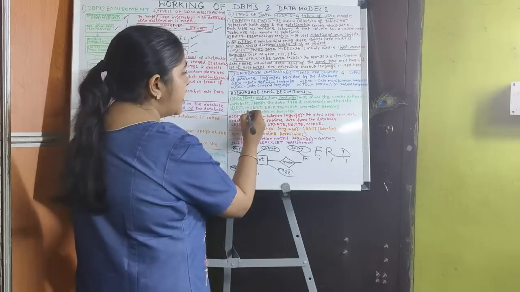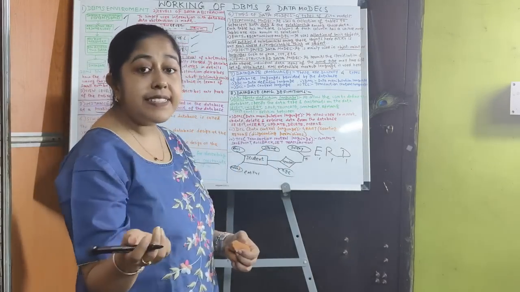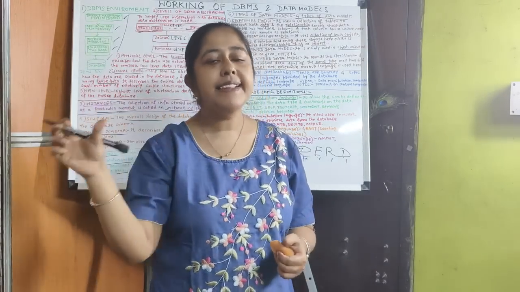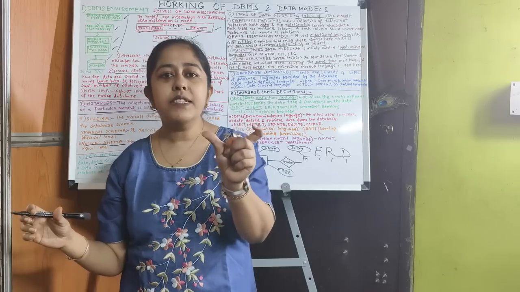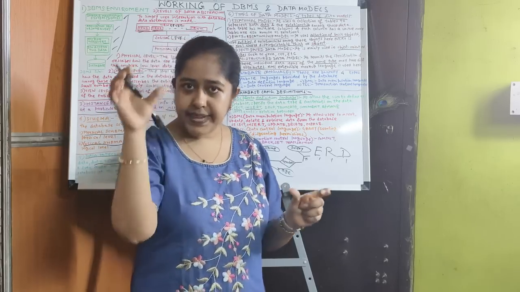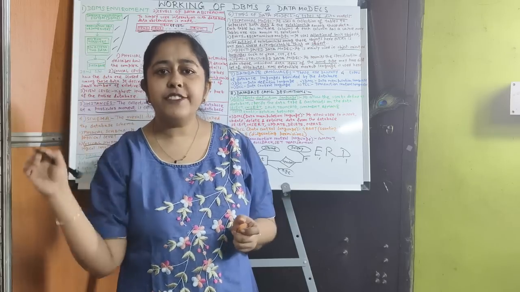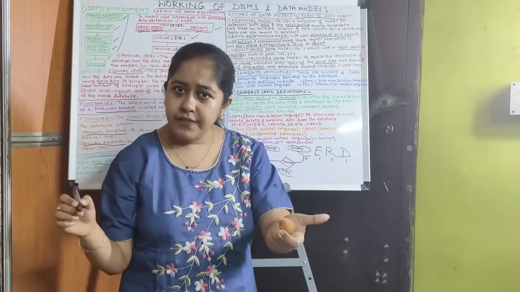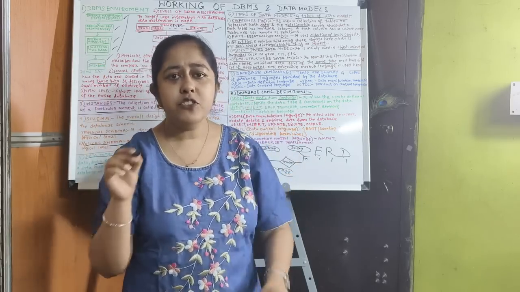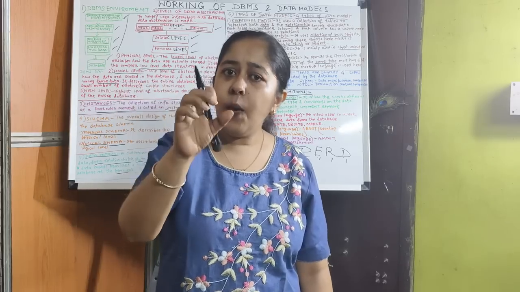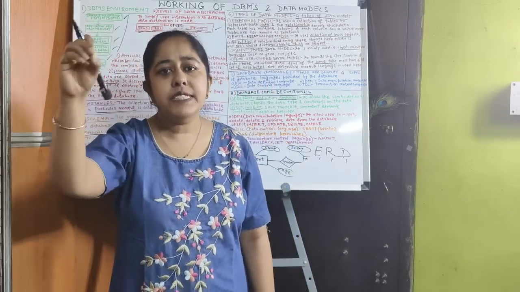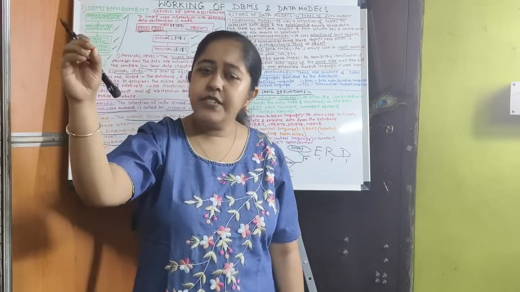Now the second one is insert. When you are inserting some data, insert in this table. Whenever we are making the table, we are inserting the data in each attribute, such as employee ID. Insert in this table what? First of all, name, which is a character, then age, which is a number.